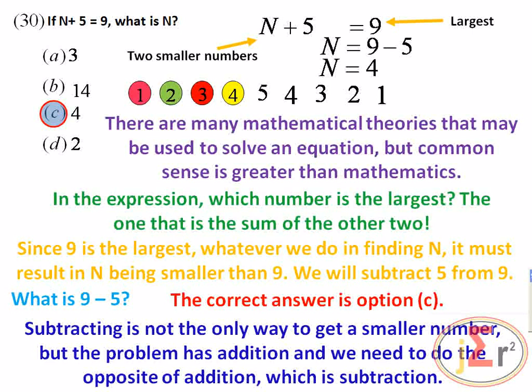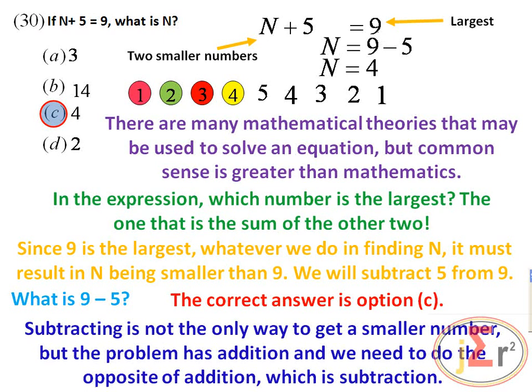Subtracting is not the only way to get a smaller number. But the problem has addition, and we need to do the opposite of addition, which is subtraction. So if we add one number to another and the result is 9, how do we find the other number?